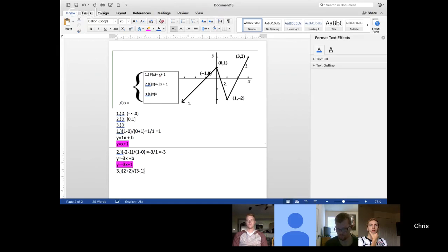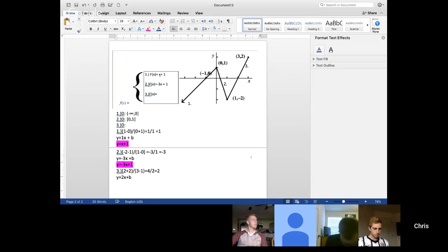That should equal 4 divided by 2, which equals 2. So y equals 2x plus b.